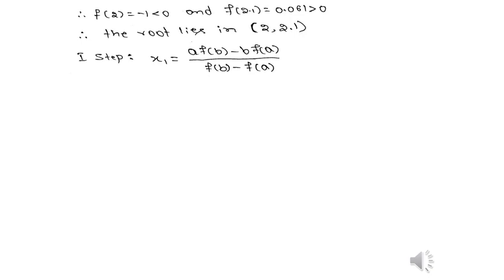So what is the formula? In step 1 we find x1, the first approximation. What is a here? A is 2, b is 2.1, f of b is the f of 2.1 value, and f of a is the f of 2 value, that is minus 1.